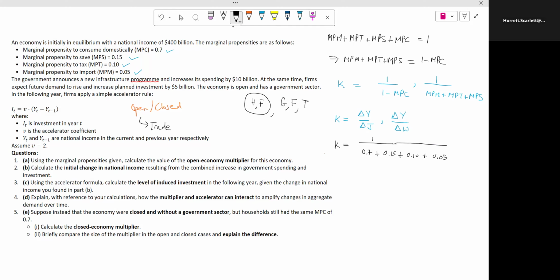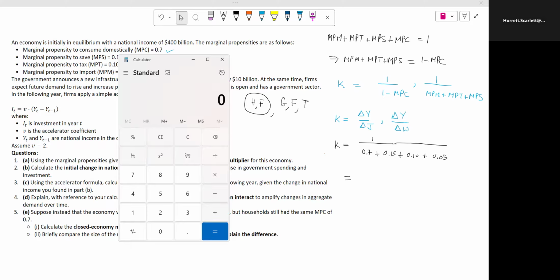So this is equal to, and then we can now get our calculator and do our computations. So we have 0.7 plus 0.15 plus 0.10 plus 0.05. And I want you to note that that equates to 1.